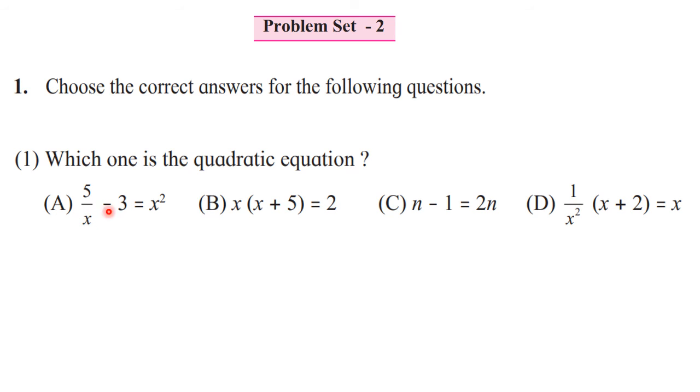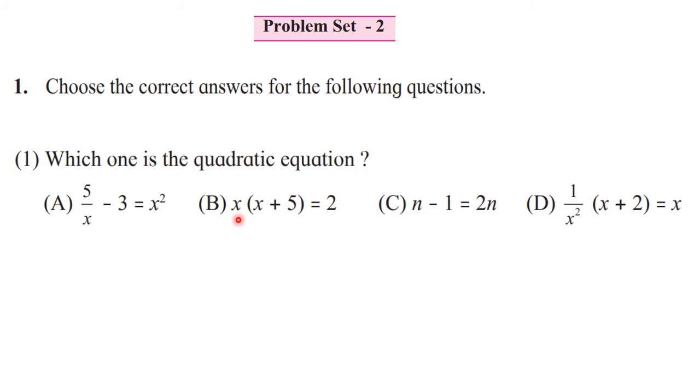That means we are going to multiply both the sides by x. And when you multiply here by x, here you will get x cube. But you know the standard form, ax square plus bx plus c is equal to 0, means highest index is 2. It cannot be 3. Here we are getting x cube, means the index we are getting as 3, which is not possible. So this is cancelled.